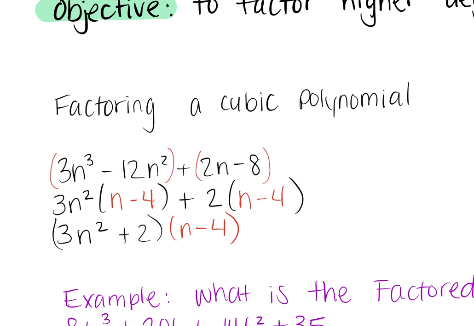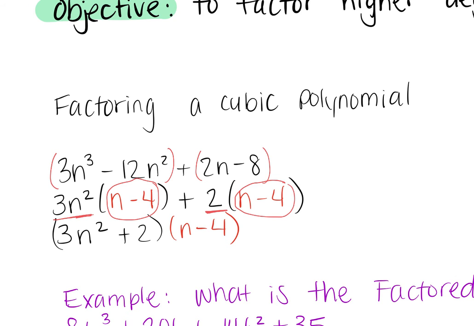The greatest common factor in the first one is this 3n squared, and the greatest common factor in the second one is the 2, okay? Now I'm always going to give you problems where these parentheses are going to match. When they match, all you do is you do the exact same thing.